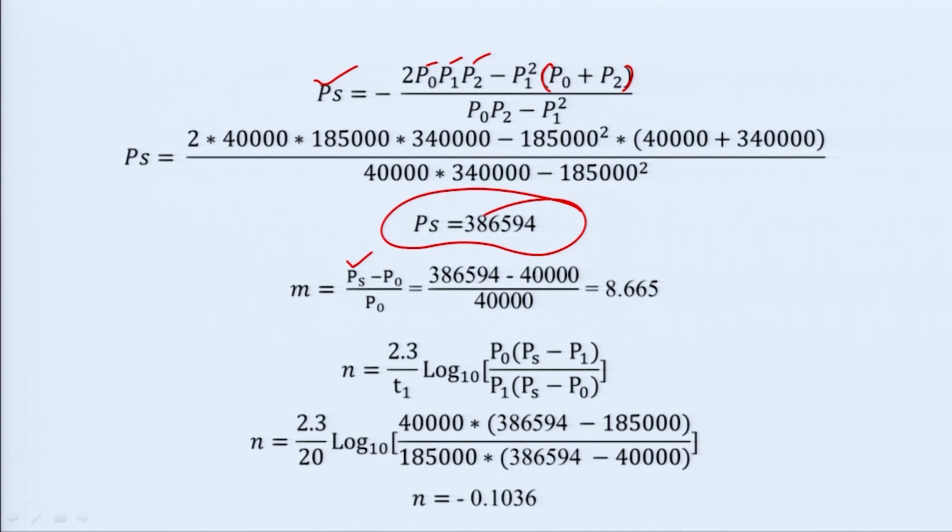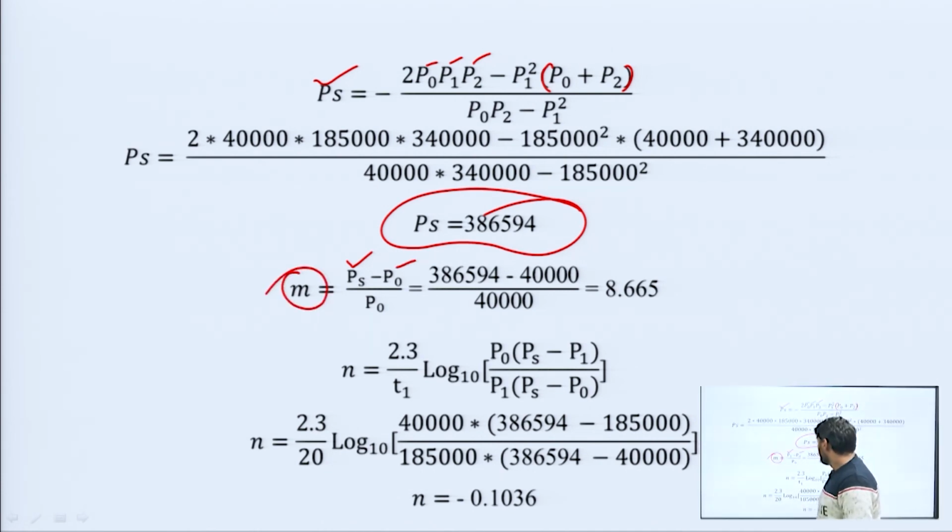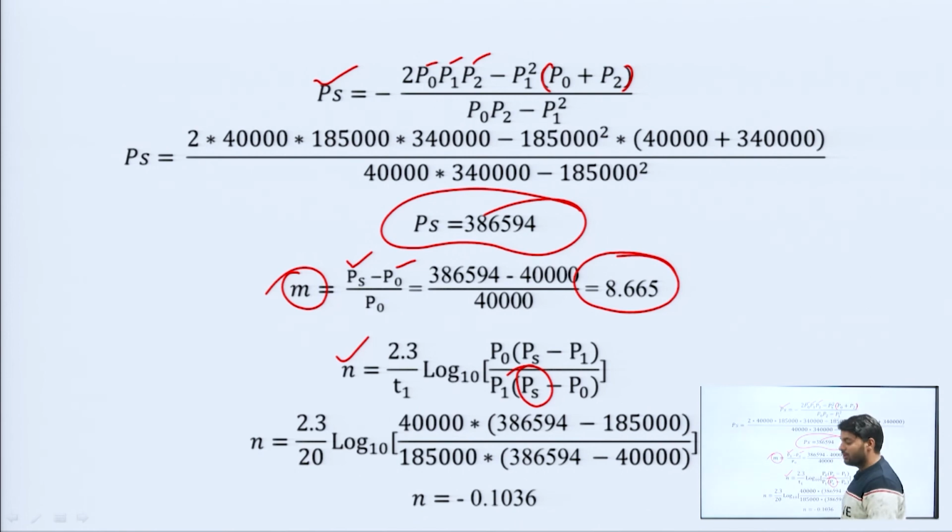After getting ps we can calculate m. Using ps and p0 we can calculate m. So putting the values of ps and p0 we get m as 8.665, and after getting the values of m and ps, we can also calculate n. In n we need the value of ps, putting the values of ps, p naught, p1 and t1. What is t1?